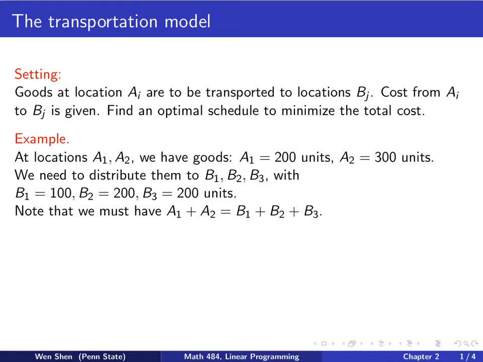And what we need to do is put 100 units in B1, 200 in B2, and 200 units in B3. Okay. So note that here we have the identity: the total goods in A1 and A2 equal B1 plus B2 plus B3. That's the destination. Okay, so everything is transported and delivered.